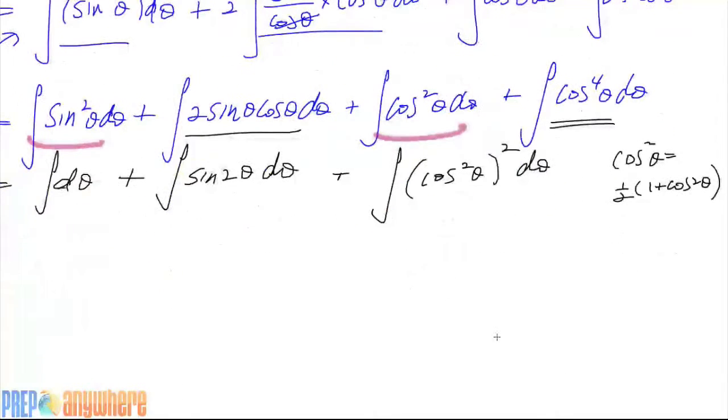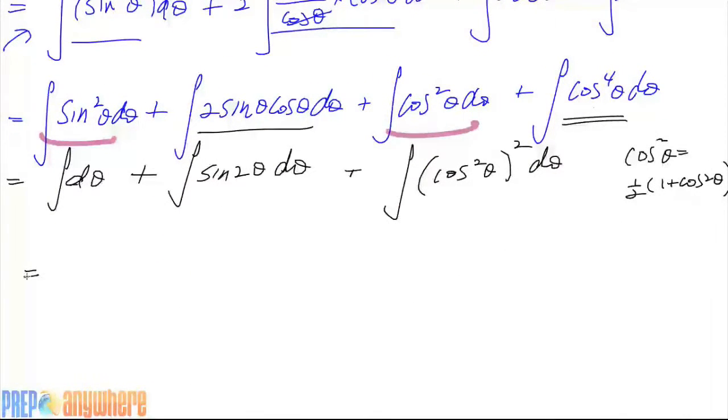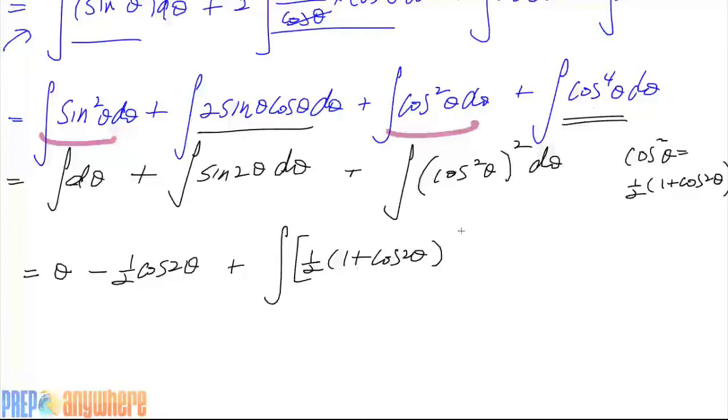So this right here is simply theta, and that right there is minus half of cosine of 2 theta. This one I'm not close to being done with yet. First I need to replace it with half of 1 plus cosine 2 theta, all squared.